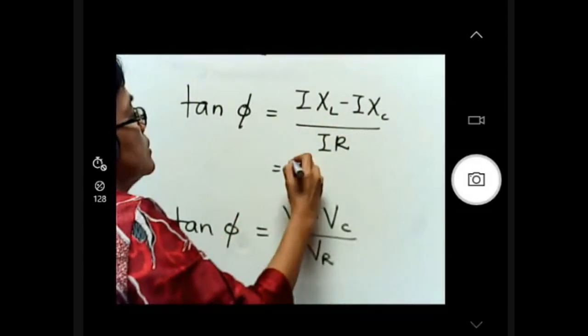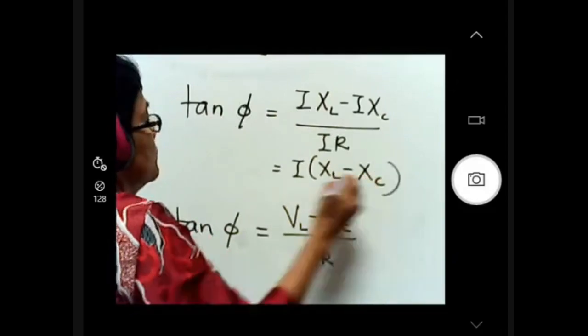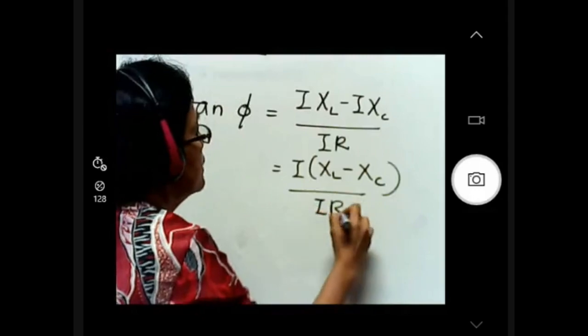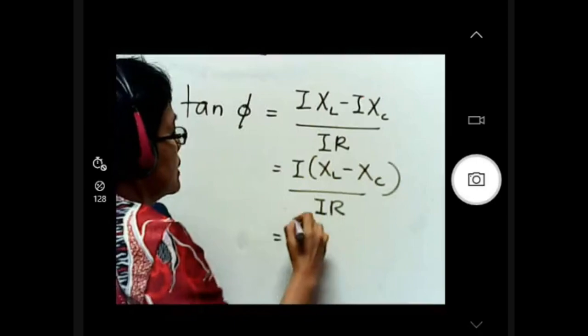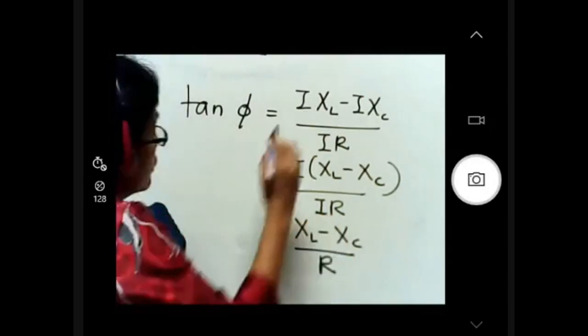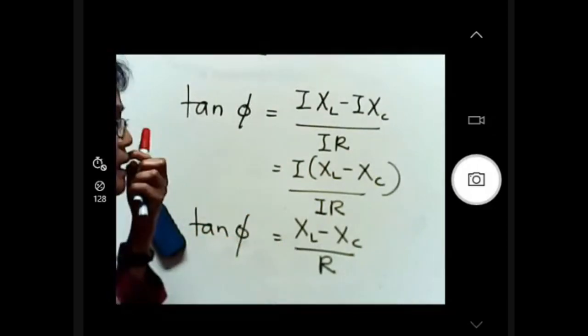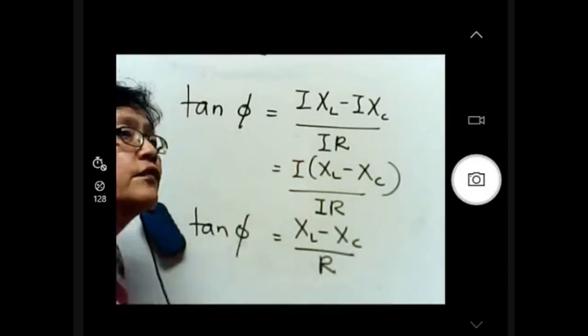So I factorize, so I equals to XL minus XC, okay, divided by IR. I cancel out the current, so I will get XL minus XC over R. So I also can use this equation to find it, but this equation you need not memorize because it is all based on your phasor diagram.